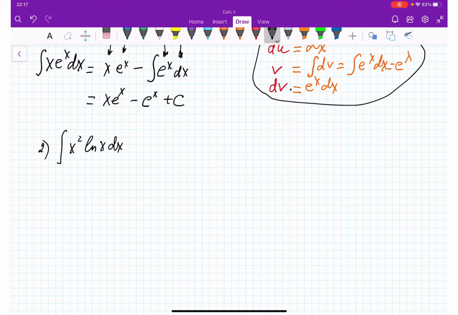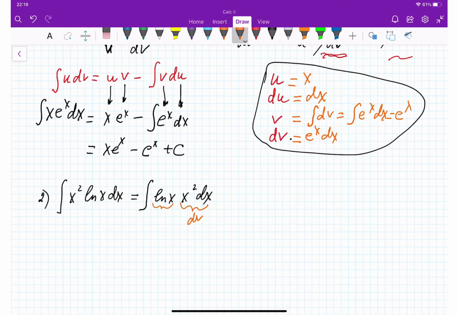My dv, I'm going to rewrite this way: x squared dx. And this is gonna be my dv. And natural log x is gonna be our u.